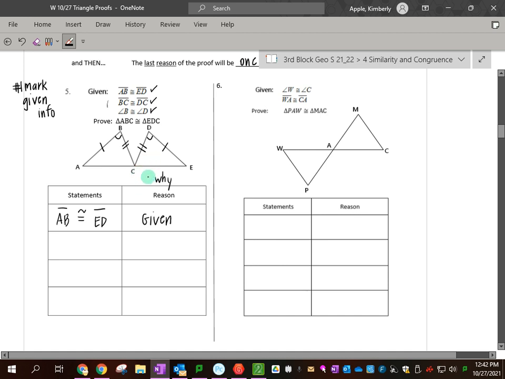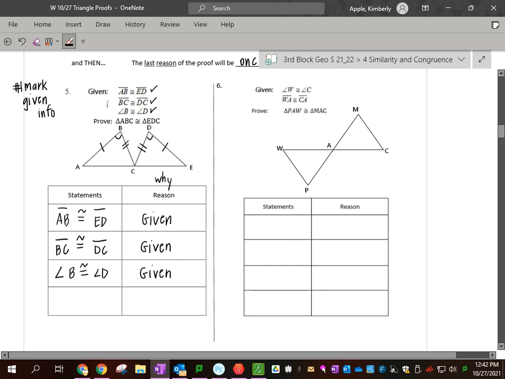Why do I know that? Because they told me. Okay, let's write the second statement. BC is congruent to DC. Given. The third given statement, angle B congruent to angle D. How do I know? Given. These are going to be your favorite ones.